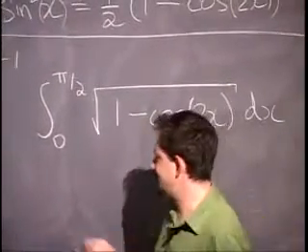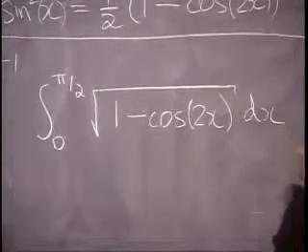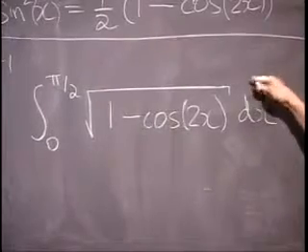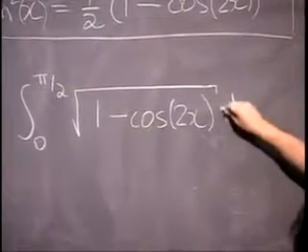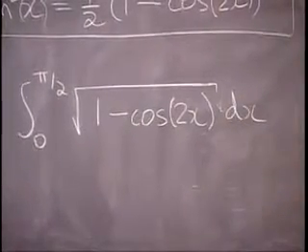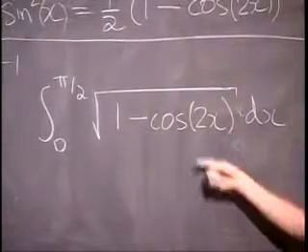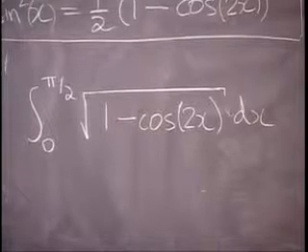Well, it doesn't look like any substitution's going to work. Substitution would be great if there was a sine 2x floating right here. But there isn't. Sine 2x, of course, being related to the derivative of cosine 2x.